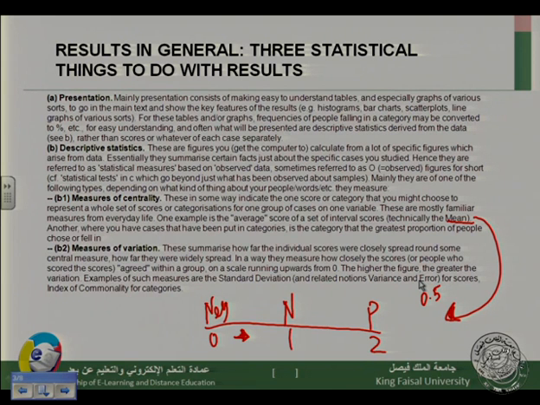Like the example here, where is the greatest proportion? All your people fell in here or here or here. And then you show this is the highest category or the highest score that my participants selected.